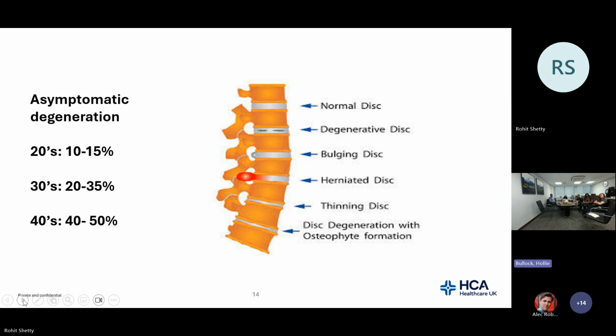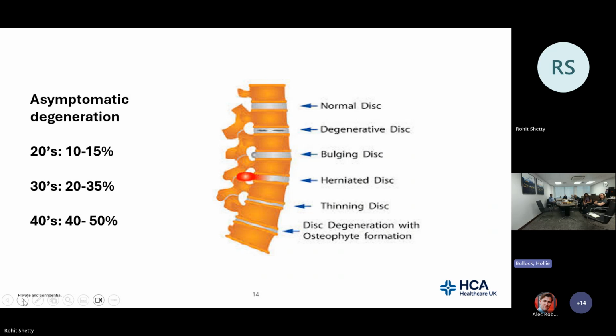If an individual comes to you with pain in their 30s, what we know from those figures on the left is that if we randomly go up to St. John's Wood High Street and pick up 100 people who have not experienced back pain, and scan them in their 20s, 30s, and 40s, the chance of you having an abnormal disc in your back without pain in your 20s is 10 to 15%.